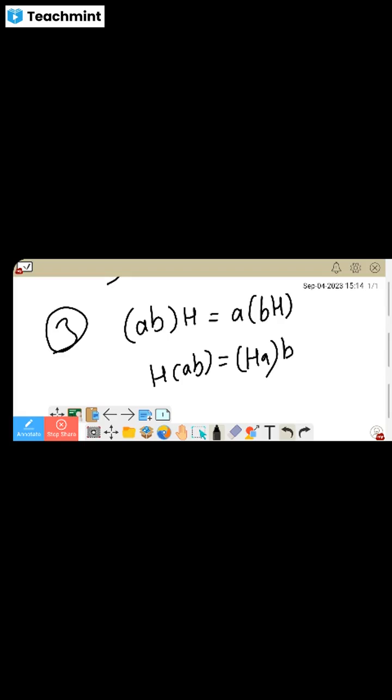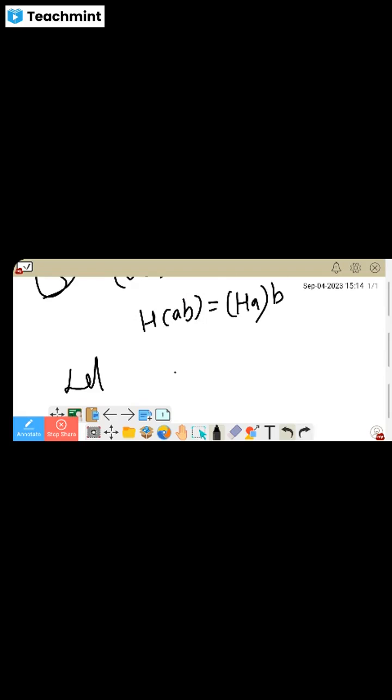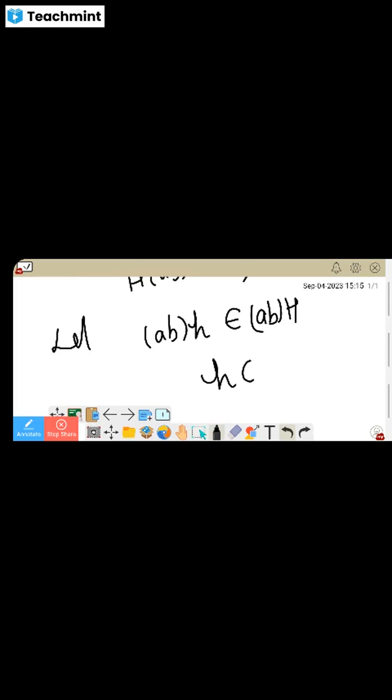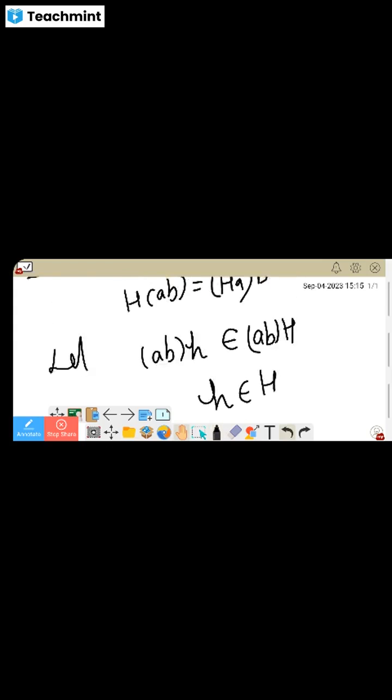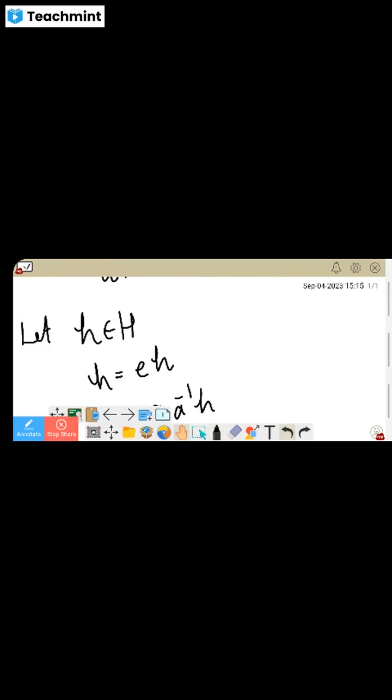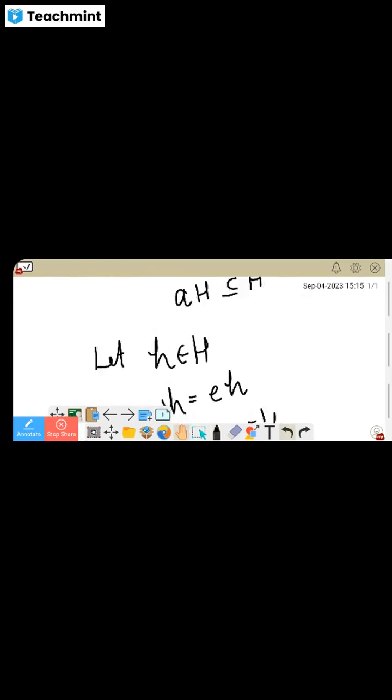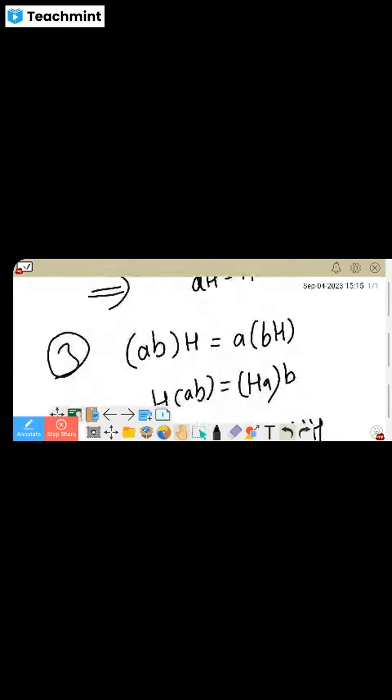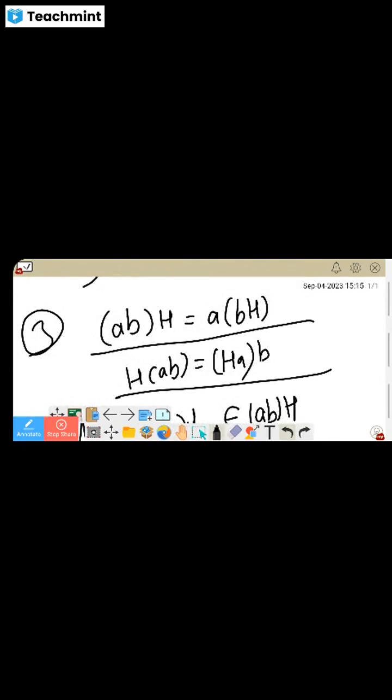Let A into B H be a subset of AB into H. And this H belongs to it, and let us show that this is associative. We need to prove these properties by using associativity.